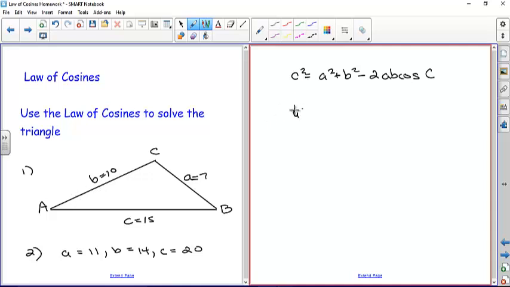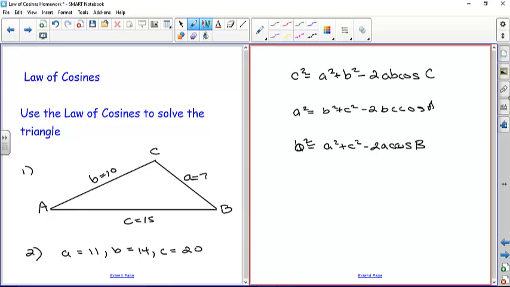There's three versions depending upon which angle you're trying to find. So you get a squared is equal to b squared plus c squared minus 2bc cosine of a, and then b squared is equal to a squared plus c squared minus 2ac cosine of angle b.